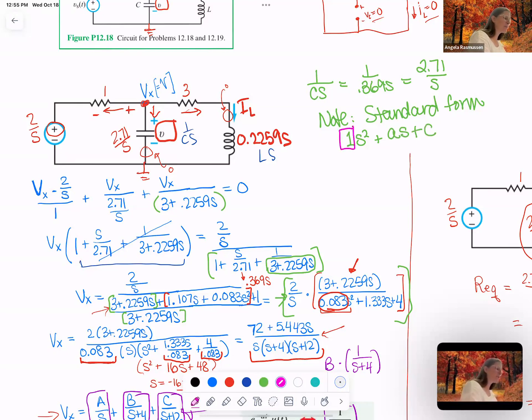So you always need to make sure that there's a 1 in front of that in order to then factor it into the partial fractions. Okay, that's why it breaks, because I still have that coefficient. Yeah. And then that 0.083, when you bring it out, you divide the 6 by that, and that becomes 72. Makes sense that the A value is very high.